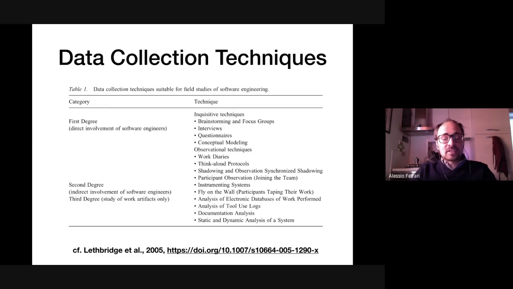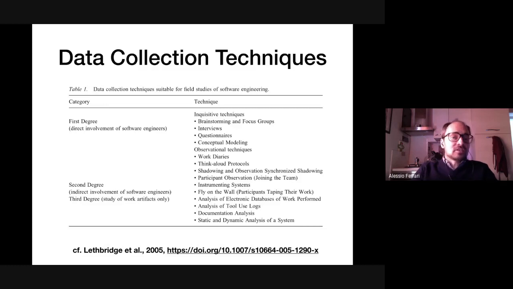The second degree techniques are the ones that have an indirect involvement of software engineers. So you are evaluating somehow the software engineers, but you are not interacting directly with them. And in some cases, the effort required of them is not too high.